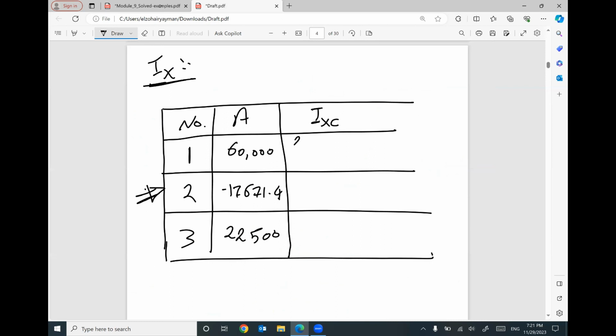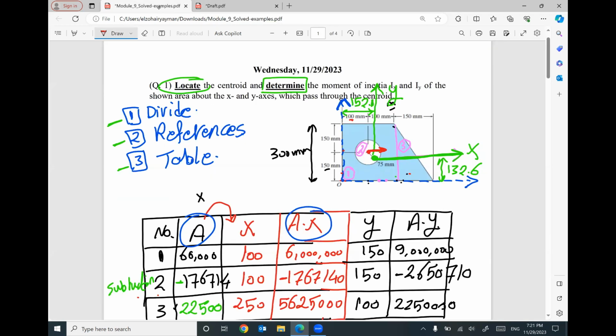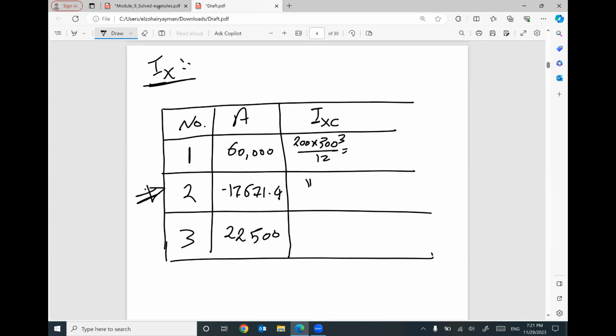It will be 200 times 300 cubed divided by 12. For the circle, with radius 75, it will be pi times radius to the power 4 divided by 4. But this one will be negative because it will be subtracted.